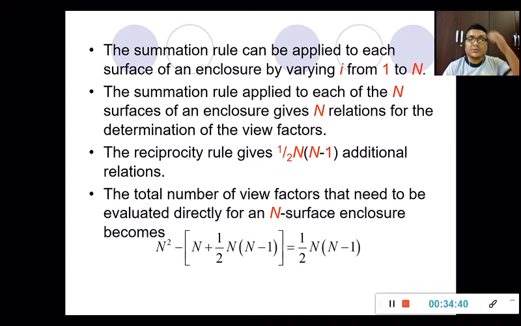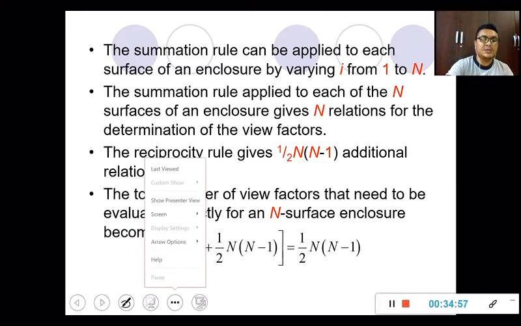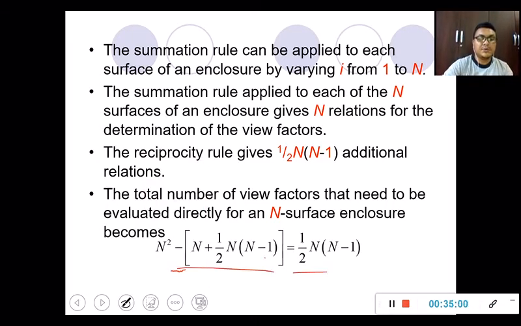The summation rule can be applied to each surface of an enclosure by varying I from 1 to n. The total number of view factors that need to be evaluated directly for n surfaces becomes this general formula.